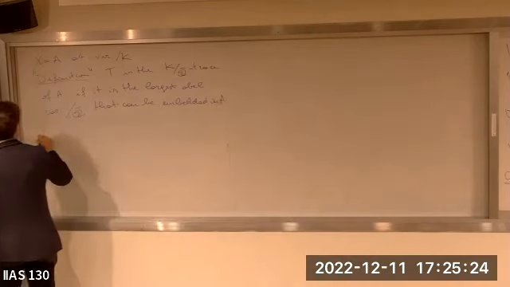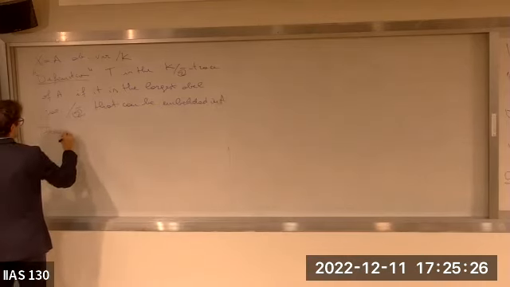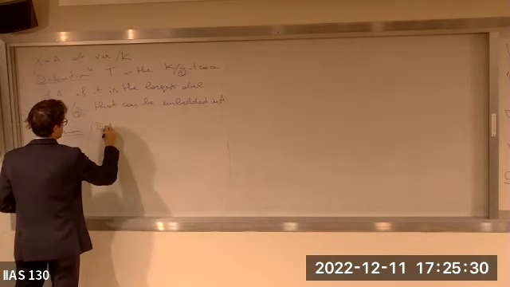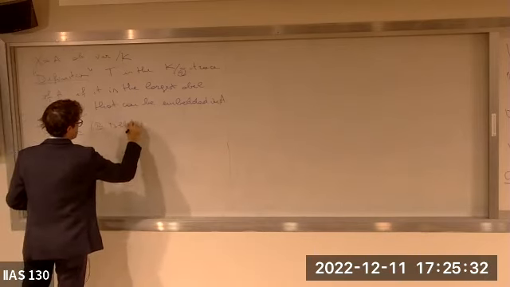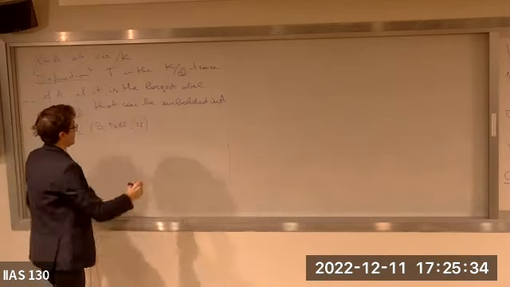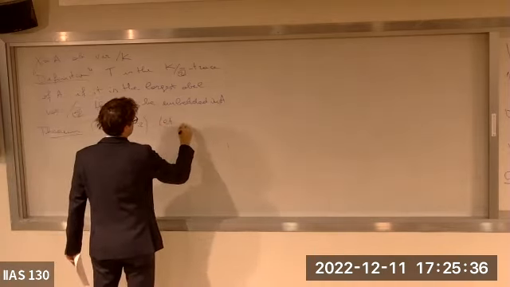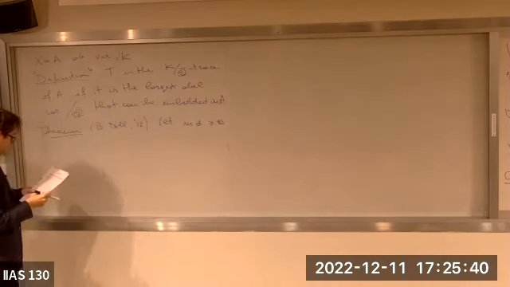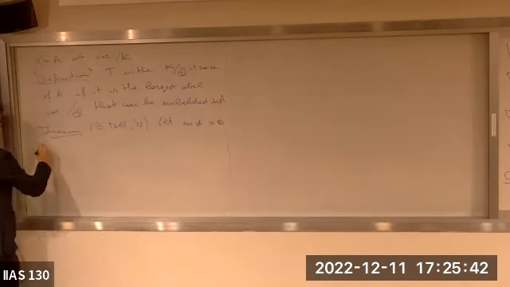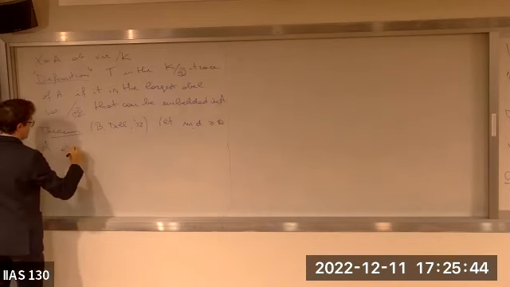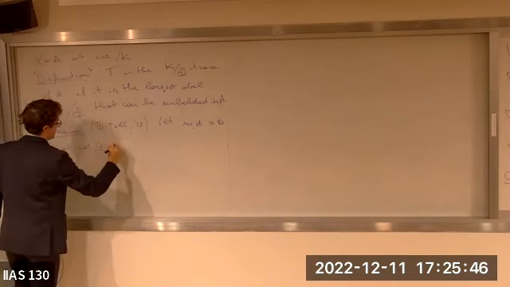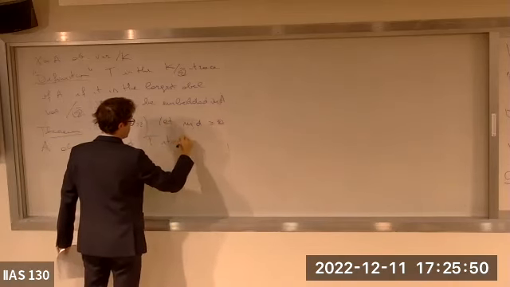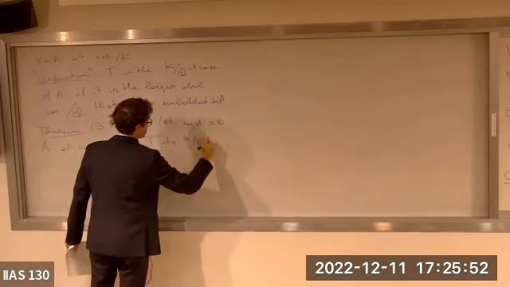So the theorem then. Again, these are non-negative integers. A is an Abelian variety over K, and T is its K over Q bar trace.